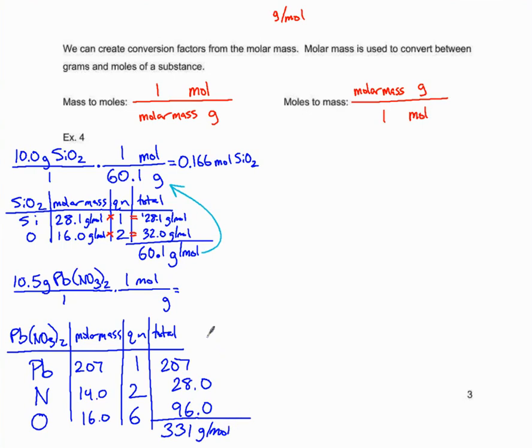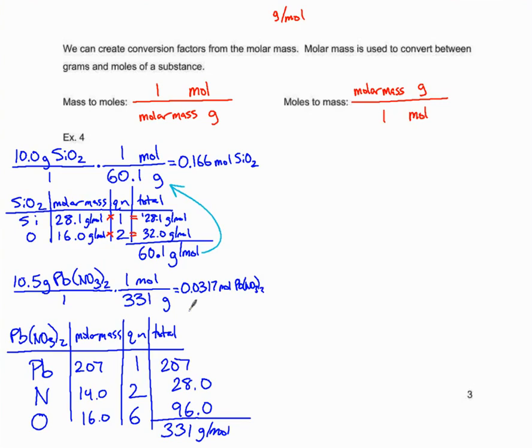So we bring that number up here, 331 grams per mole. So putting it in the calculator, we see it is 0.0317 moles Pb(NO3)2.